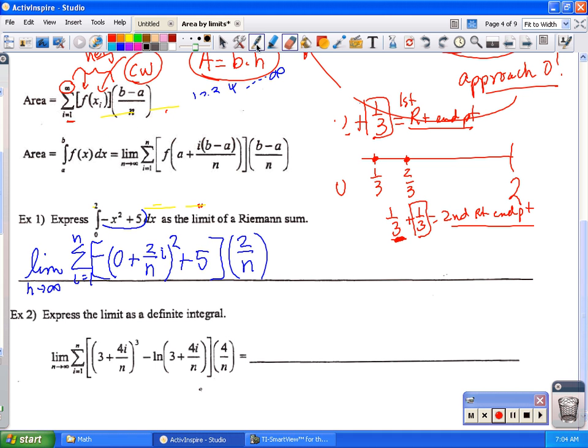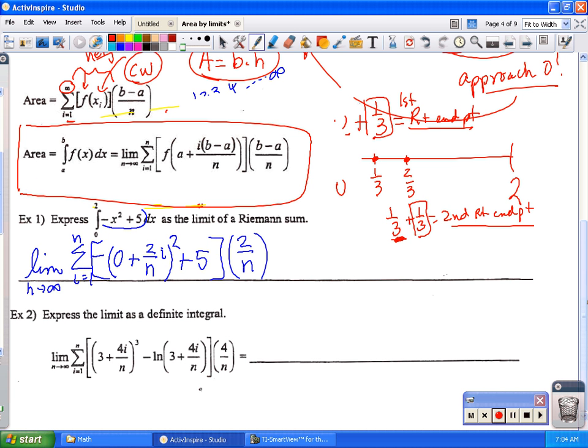All right, so bear in mind that I am going to decompose this statement. So when I look at example number 2, I'm finding the limit from the first rectangle to the nth rectangle. And all of this stuff in here was substituted in place of x in my function.